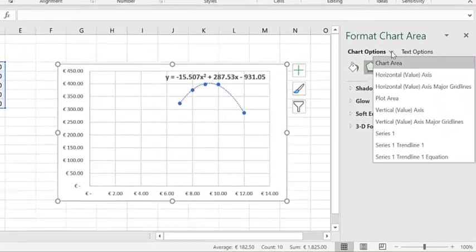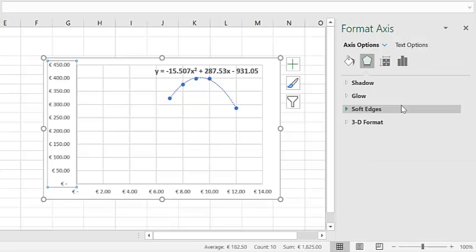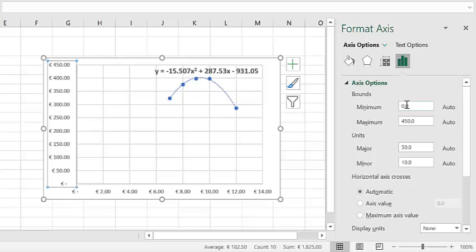Since I want to remove this area, I am going to click Vertical Value Axis. I click on this button, Axis Options, and I'm going to set the minimum to be around 250. Let's make it 250 and we will see how it will look.